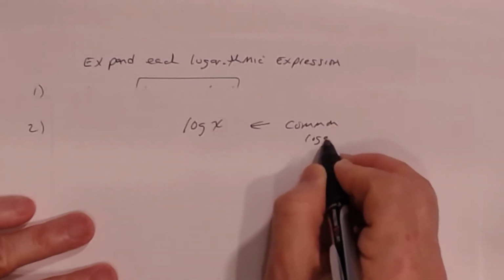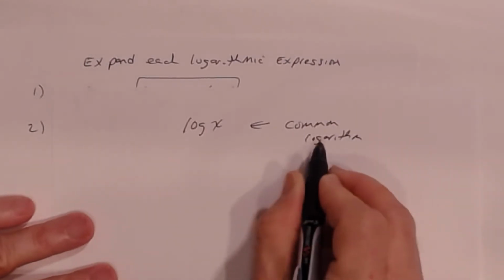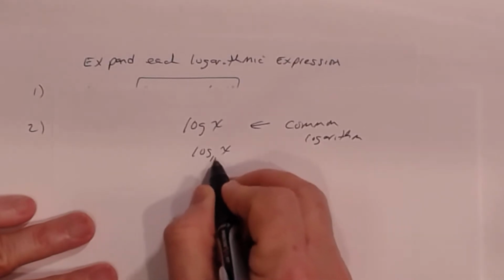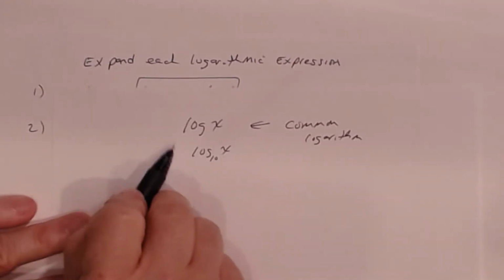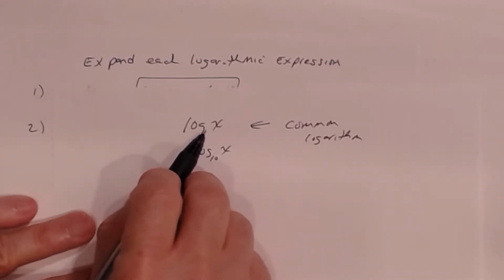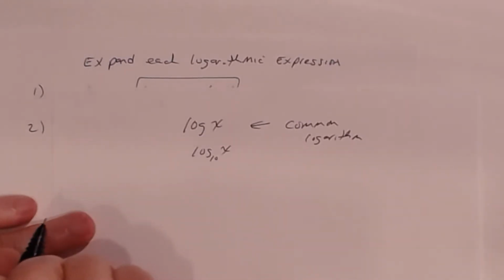Common logarithm is base 10. So if you don't see a base, it's understood to be base 10.